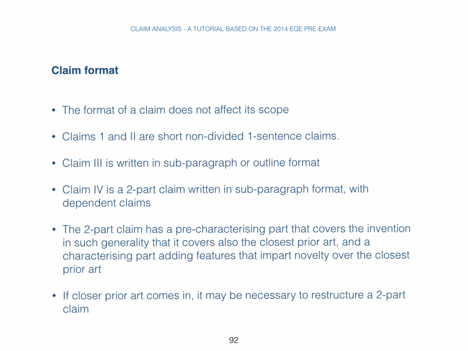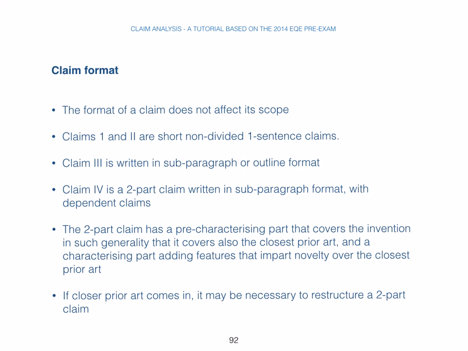A word or two about claim format. Firstly, the format of a claim does not affect its scope. Claims 1 and 2 are short, non-divided one-sentence claims. Claim 3 is written in subparagraph or so-called outline format.